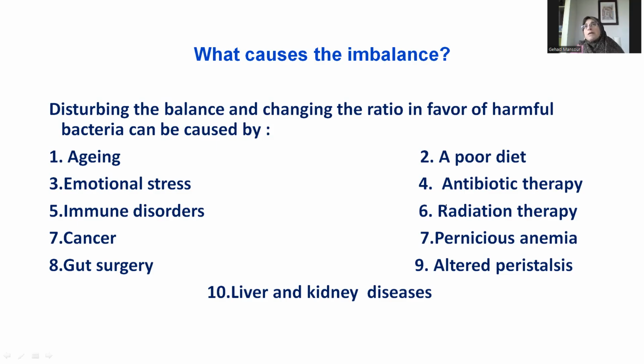What might cause the pathogenic bacteria to be predominating and to increase in number and override the useful bacteria? Number one, aging. So aging is a cause of the imbalance, and aging is a result of the imbalance, as we have said before. Number two, a poor diet.